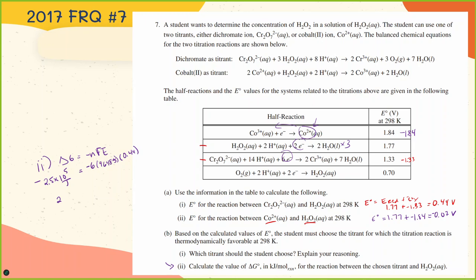Dividing by 1,000 would make this negative 250, if I'm keeping 2 sig figs, kilojoules per mole of reaction. So either way, that's how those would work.